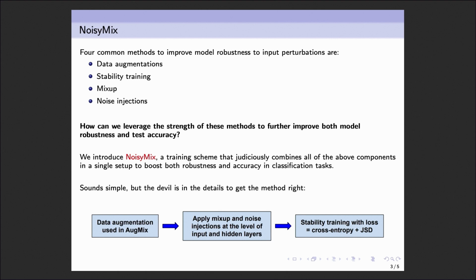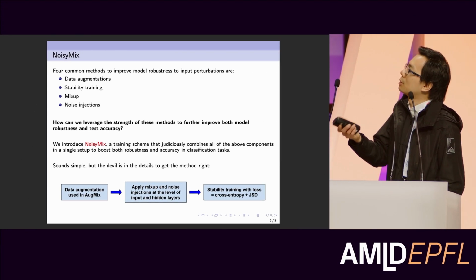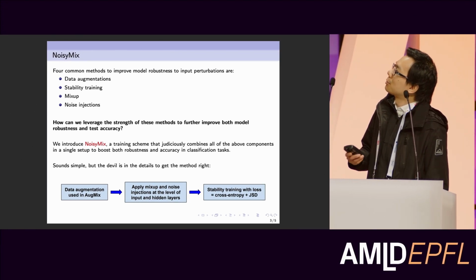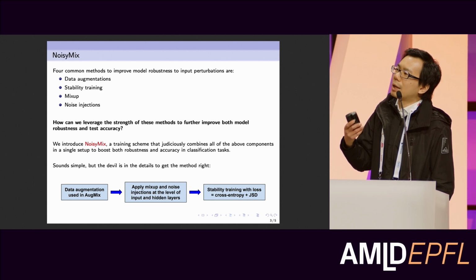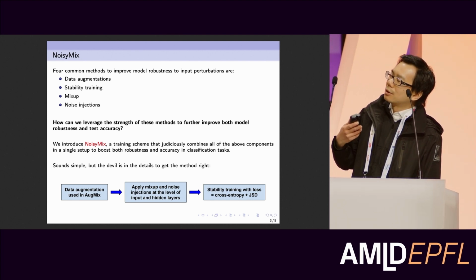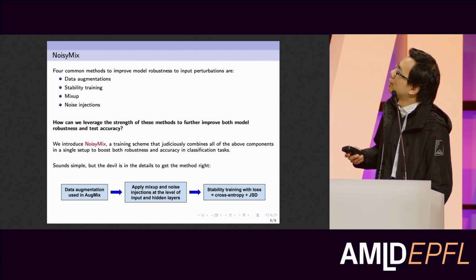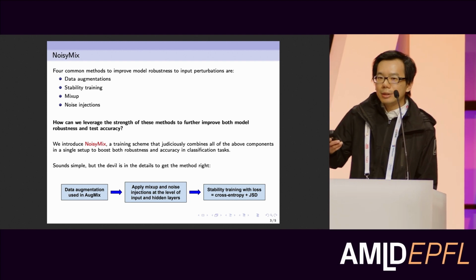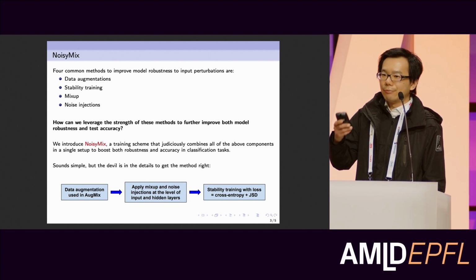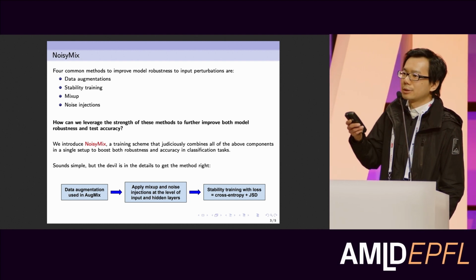Before this, just to motivate things a bit, there are many ways that people use in the literature to improve model robustness. There are things like data augmentation, where you add extra data points to the existing data set. This effectively makes the model less inclined to memorize data points. There are things like stability training, where you add some loss terms that enforce stability of the model itself.